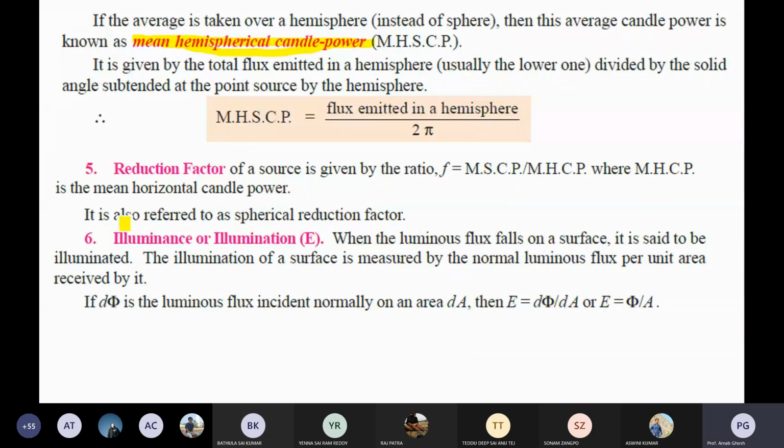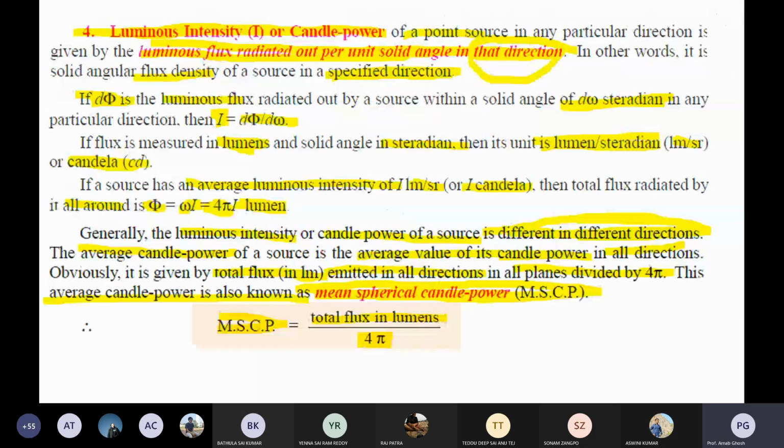That is the illumination you need to find out. If d phi is the luminous flux incident normally on the area dA, then E equals d phi by dA, equal to phi by A. So E is the illumination, in the broad sense.